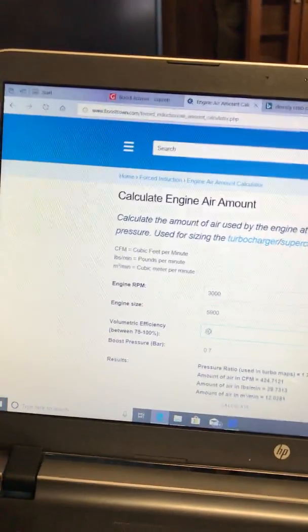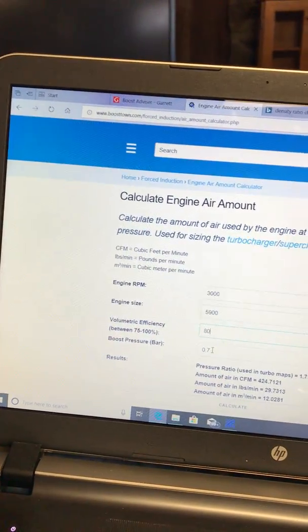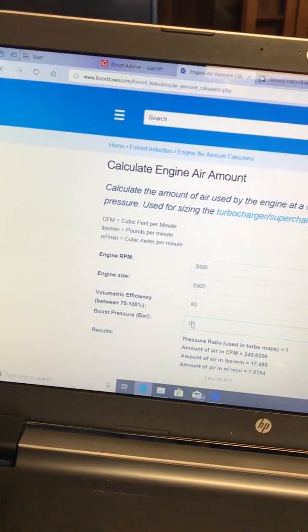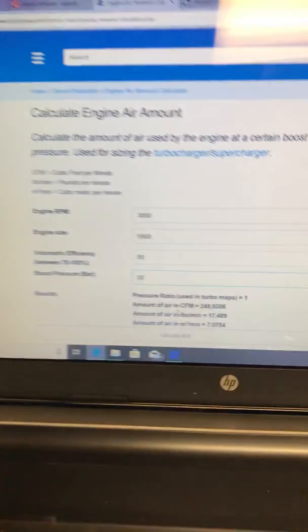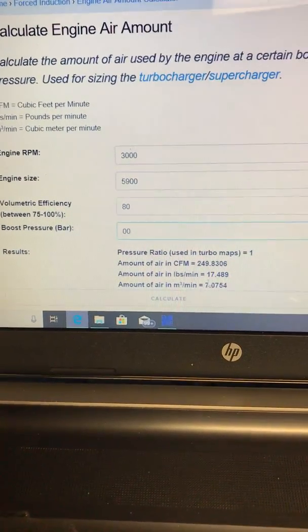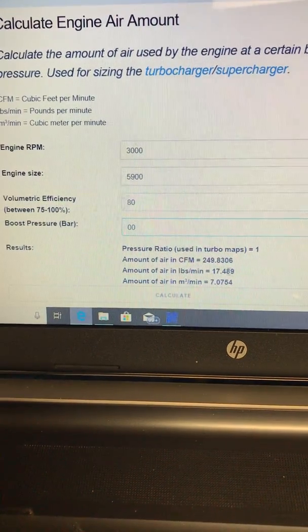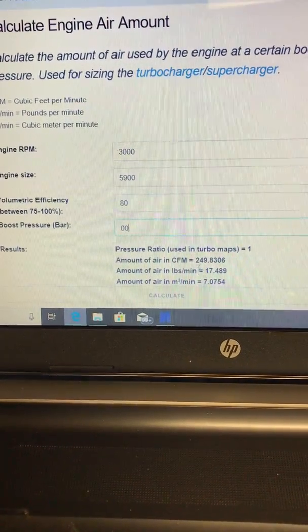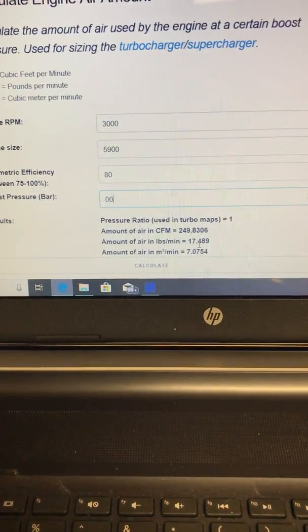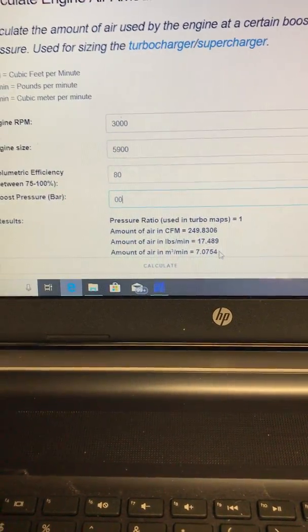That might be a little conservative, and I'll put the boost pressure at 0 because a lot of times when I start out, I want to know how much does the engine consume with 0 boost, and that would be 17 pounds a minute, which is about 250 CFM. So basically a 5.9 running at 3 grand is going to consume that amount of air.